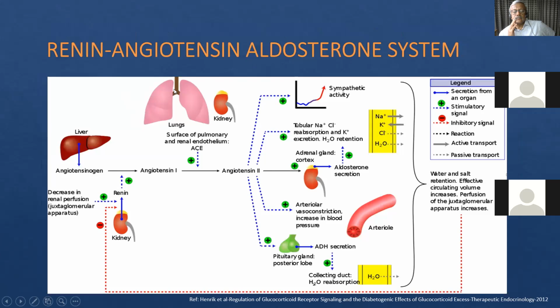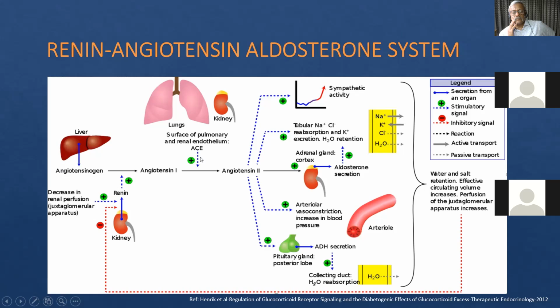In the renin-angiotensin-aldosterone system, during hypotensive states, the enzyme renin is produced by the kidney, which acts on angiotensinogen produced by the liver and converts it to angiotensin 1. Angiotensin 1 is converted into angiotensin 2 with the help of angiotensin converting enzyme.